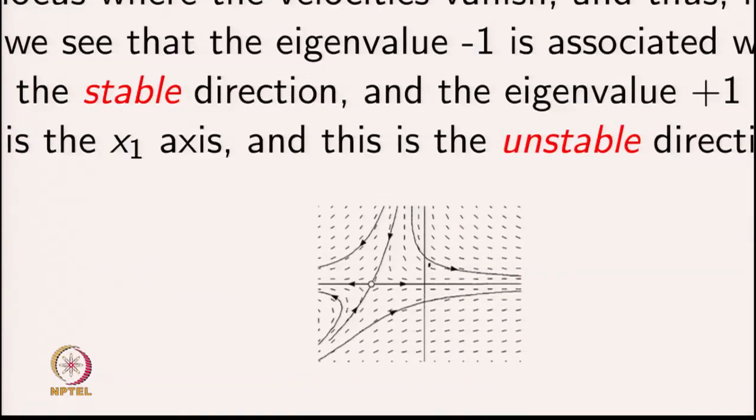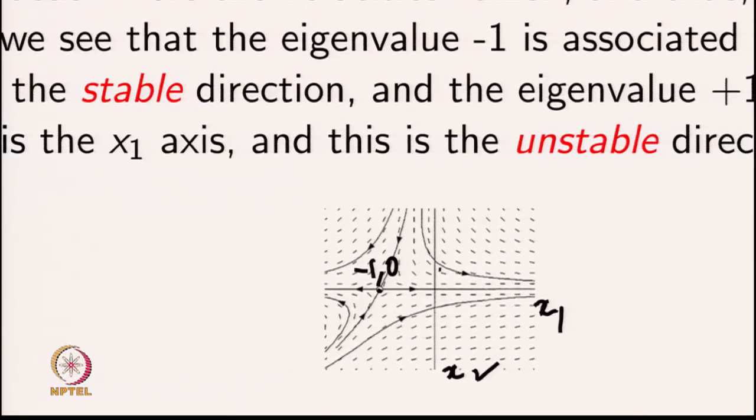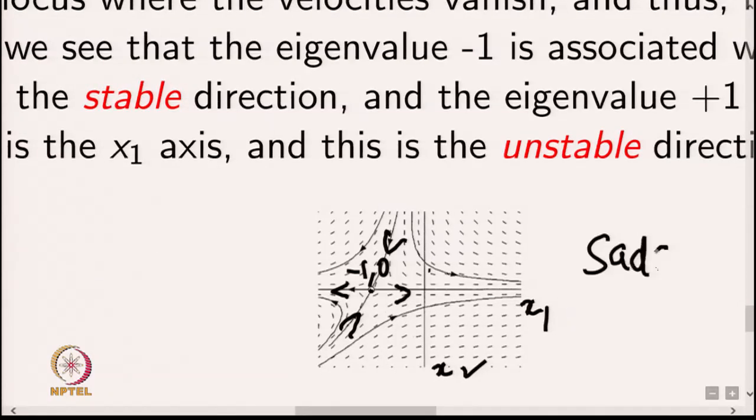So, expanding it a little over here, you can see that here is the fixed point, this is the variable x1 and this is x2, here is the point -1 0, and this is the unstable direction and this is the stable direction, and this is obviously a saddle.